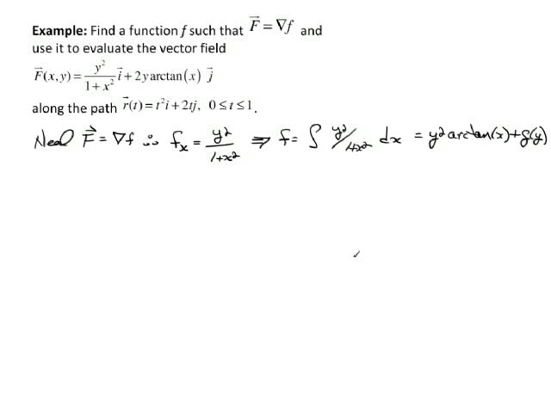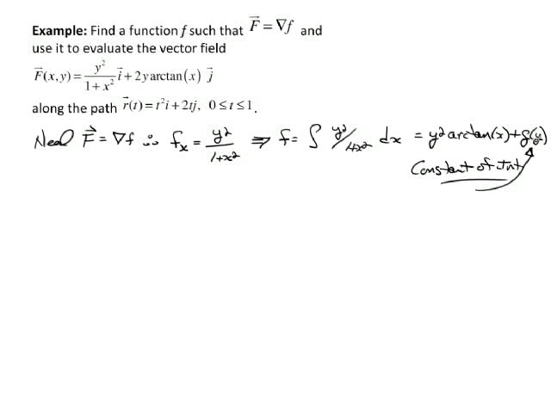The reason I have this g of y here is that this is my constant of integration. This was an indefinite integral, so we typically write plus c, as in single variable calculus. But this could be a function of y, or it could be truly a constant.